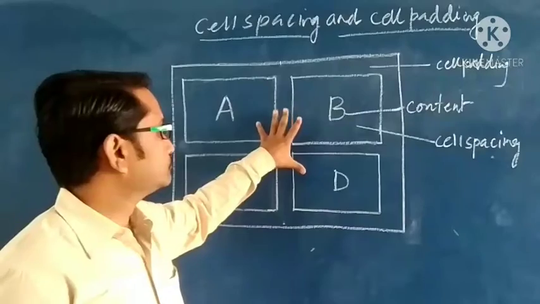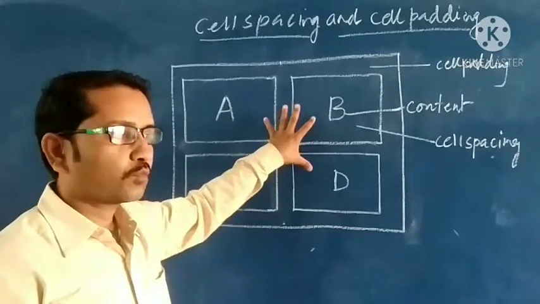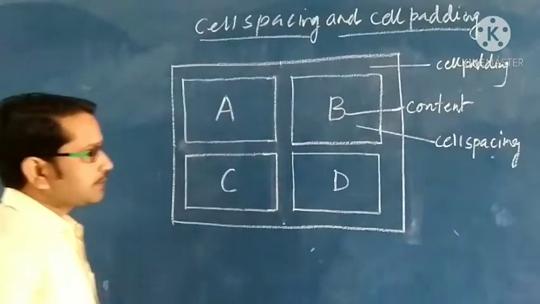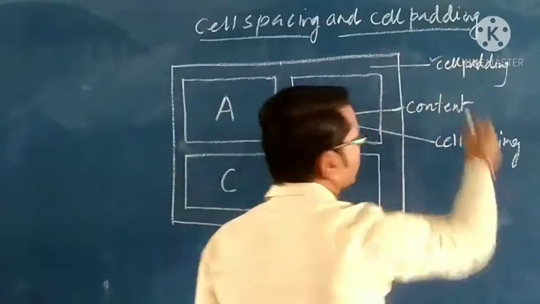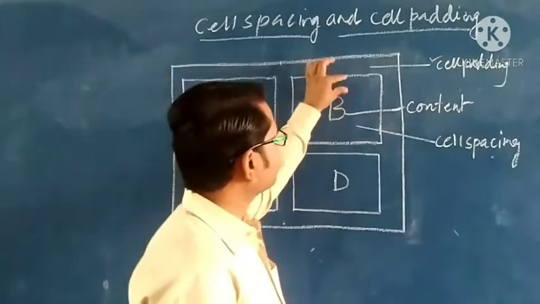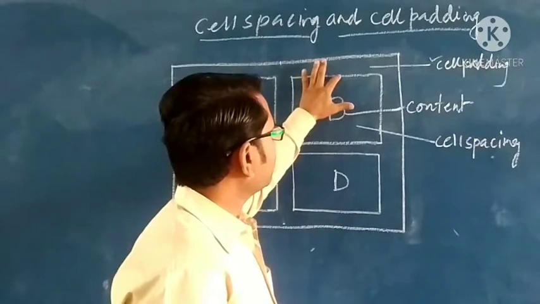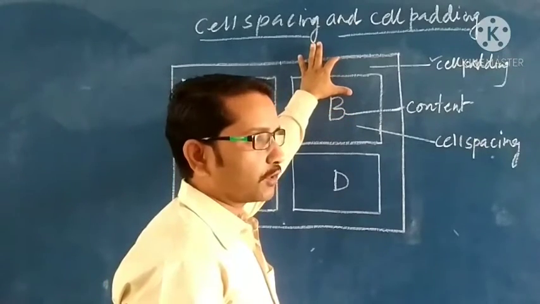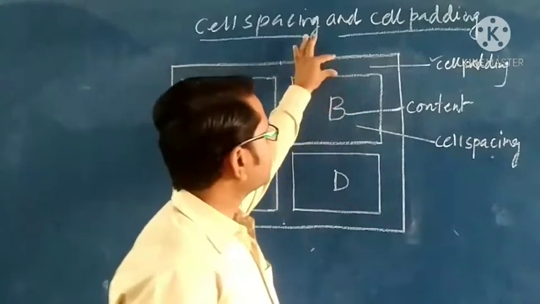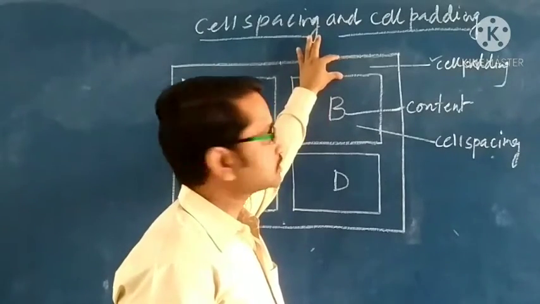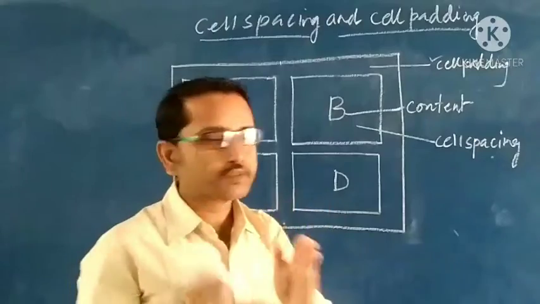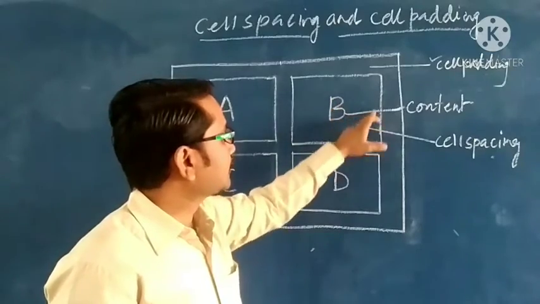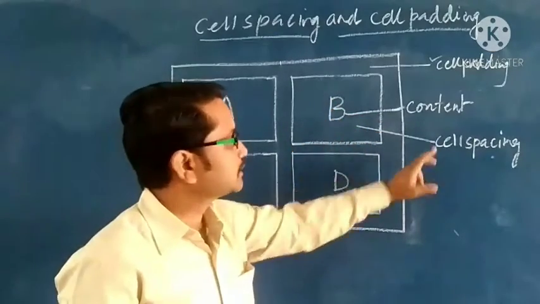Now what is the basic of cell spacing and cell padding? First of all, cell padding is the space from the table border to the cell content. This space is called cell padding, and the space between the content is known as cell spacing.